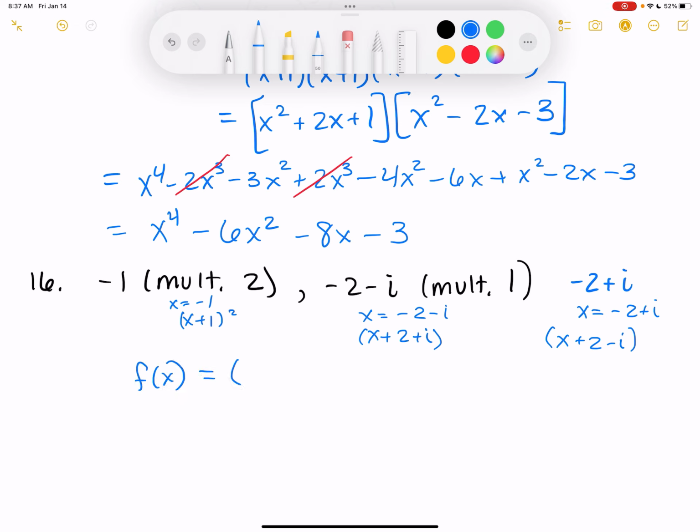And you just set it up, and then you can multiply that out.